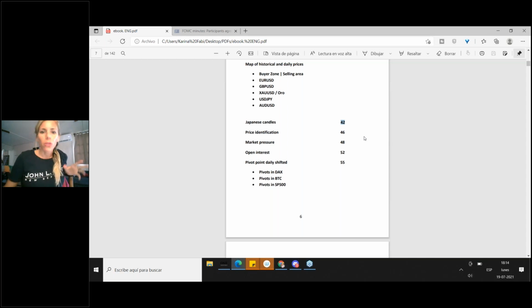We don't use charts in price action, but we use these tools because the candles we use to understand the volume inside them, not to see and read the patterns.